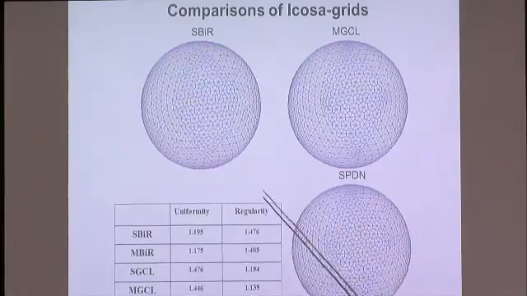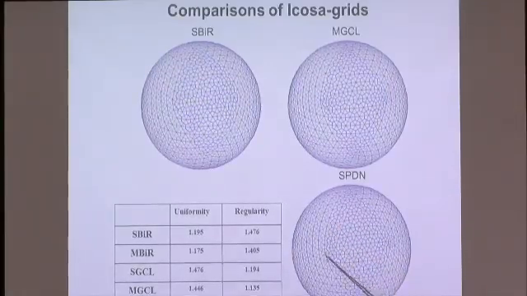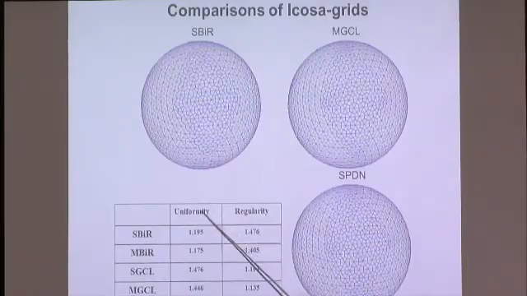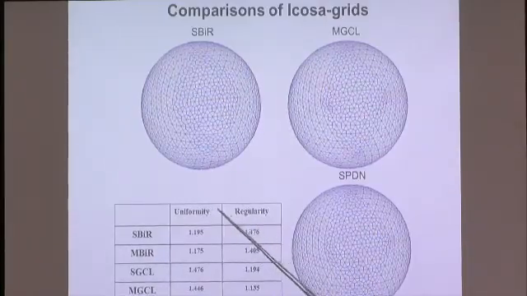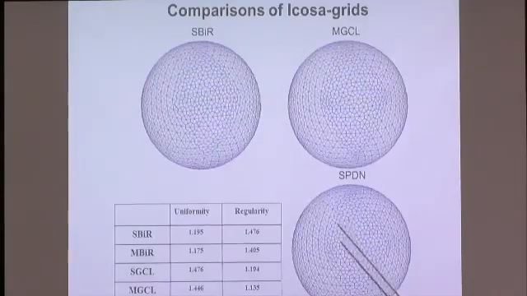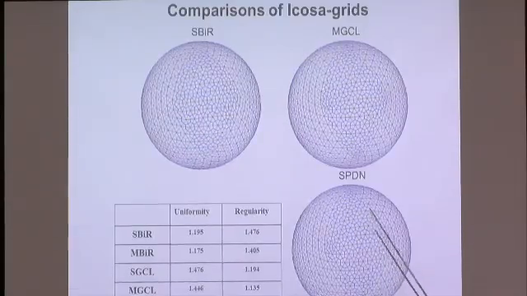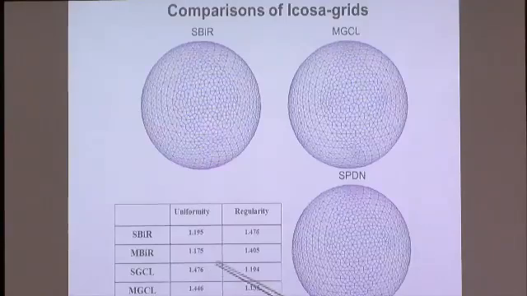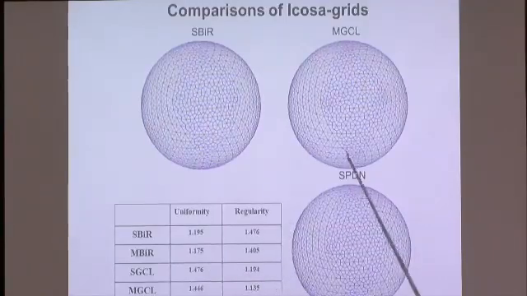But the reduction of this cell actually increases the so-called non-uniformity, which is the ratio between the largest grid cell and the smallest grid cell. In a standard icosahedral grid, it's 1.19, and with spring dynamics it's 1.4. That means a reduction of the time step.